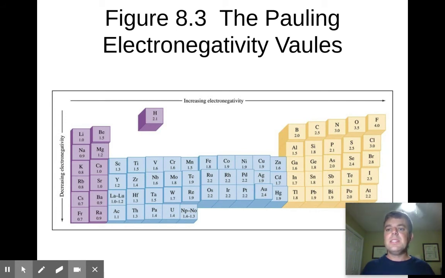And so the one that's more electronegative will pull the electrons more towards itself, giving it a somewhat negative charge, making what we call a polar bond. And then if it's really electronegative, it just pulls the electrons all to itself, and we say the electrons are transferred. That's when we get the ionic bond between the metals and the nonmetals generally.